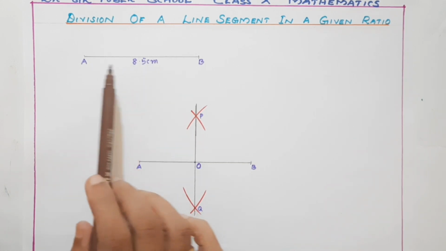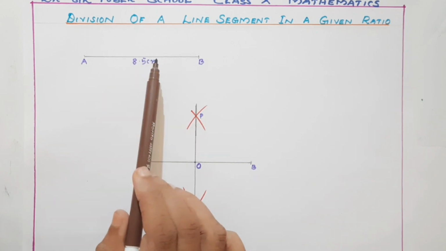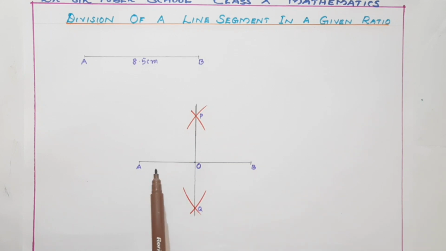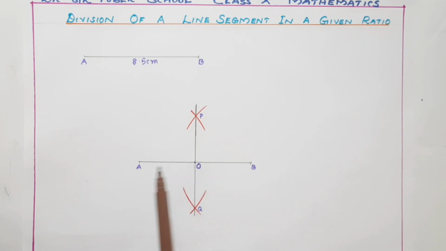You know how to divide this line segment into two equal parts. How will you do that? We will divide the line segment into two equal parts by drawing the perpendicular bisector. When we draw the perpendicular bisector of this AB, it will divide it into two equal parts.